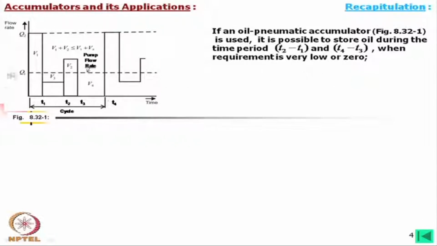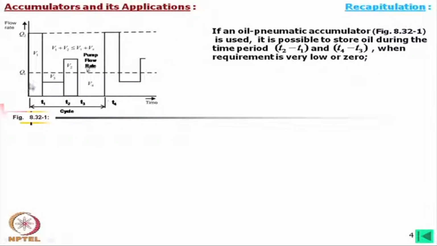If you look into this figure, Q1 is the maximum pump flow rate, whereas the system may require flow up to Q2 for a time period T1. Then T1 to T2, the volume required is V3, and then T2 to T3 the volume required is V2, and then T3 to T4 the volume requirement is 0. This is the cycle.